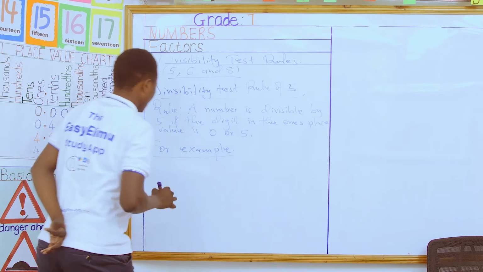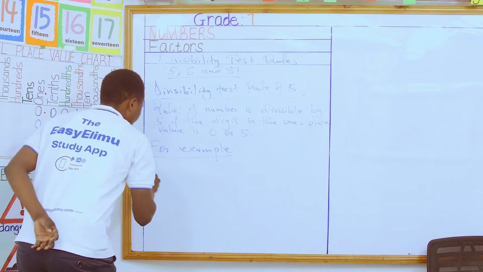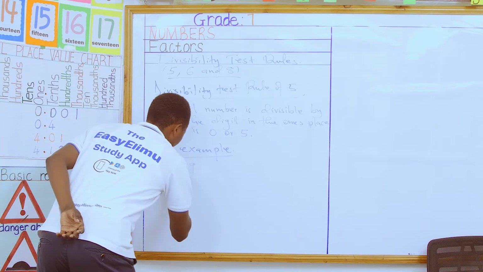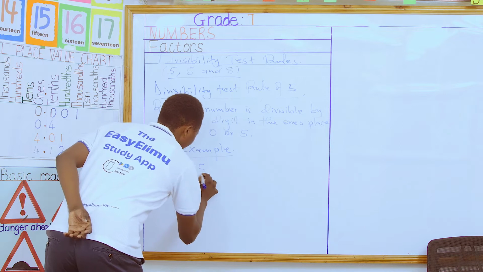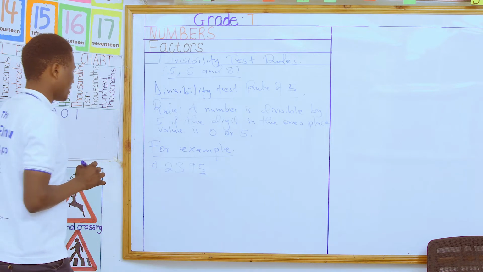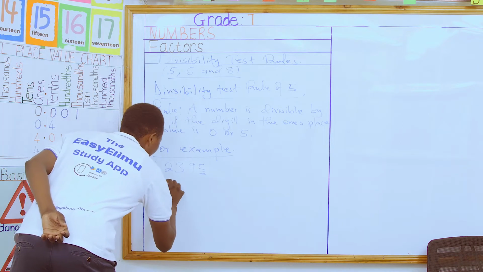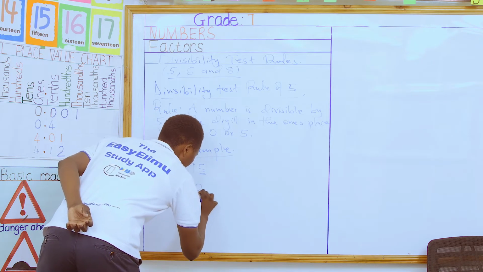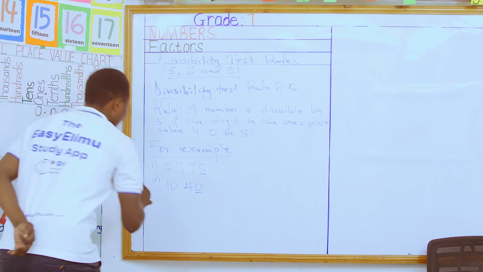For example, we can have as many numbers as possible. 22,395. The last digit is 5. Number 2, you can have 1,040. The last digit is 0.